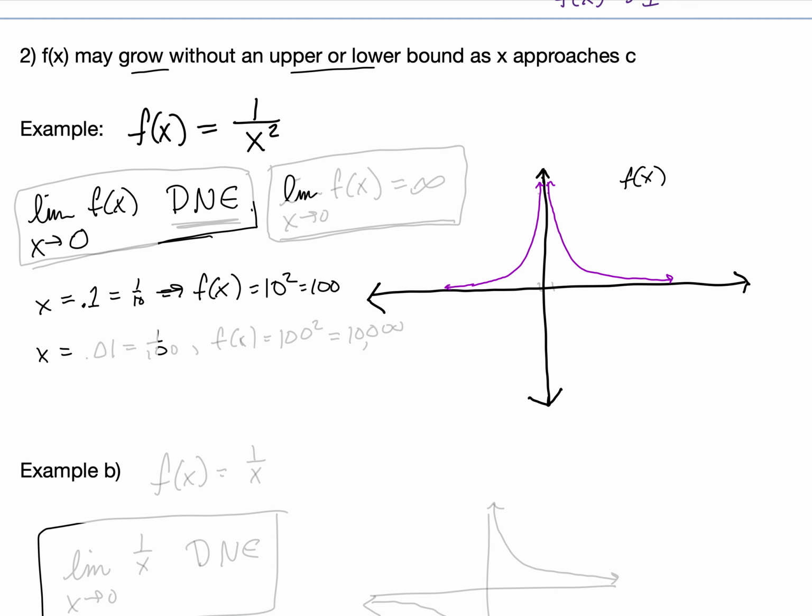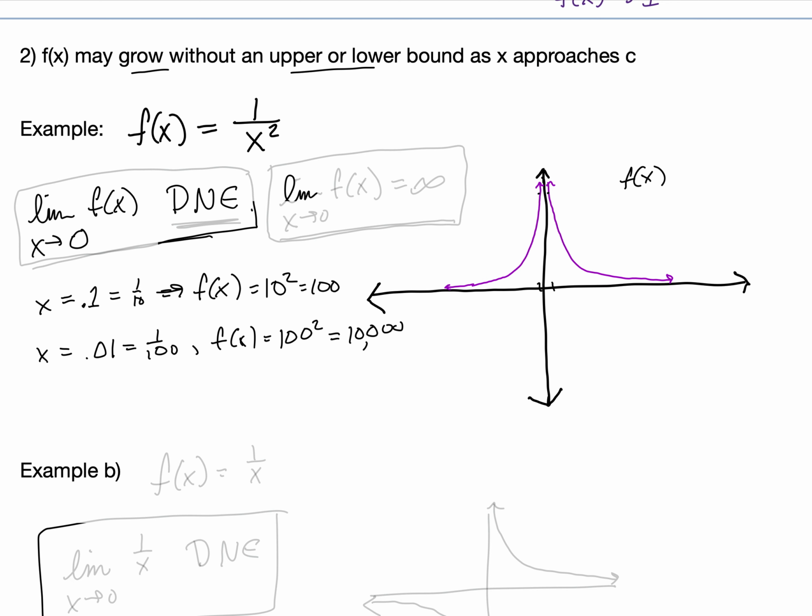When x is 0.01, or 1 over 100, f of x is 1 over (1/100) squared, or 100 squared, which is 10,000, and so on. So as x gets closer and closer to 0 from either side, f of x is going to get arbitrarily large. So there is no upper bound in this case as x approaches c.